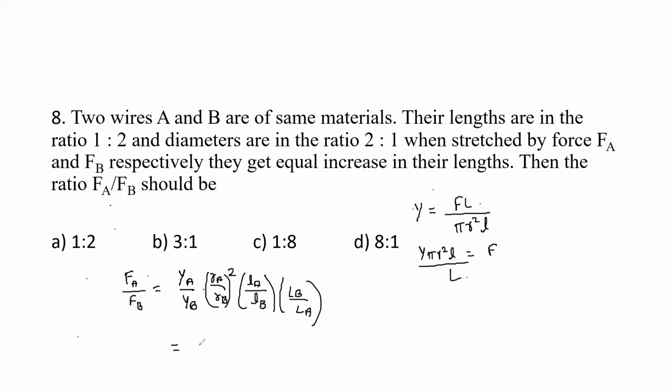So this is equal to 1 into 2 divided by 1 whole square, into 1, then next into 2 divided by 1. So 2 square is 4, 4 into 2 is 8. So we will get 8 divided by 1.